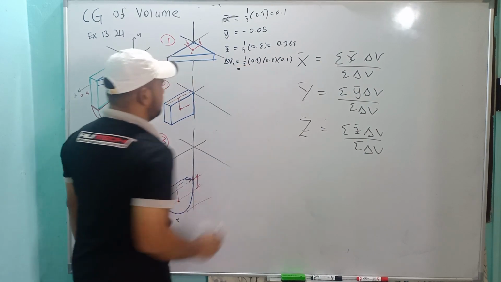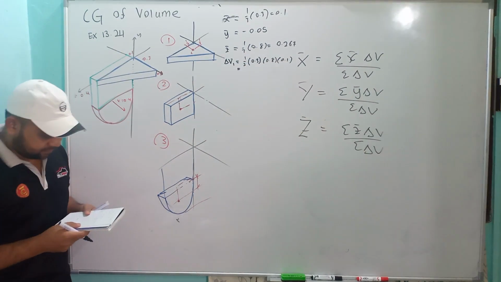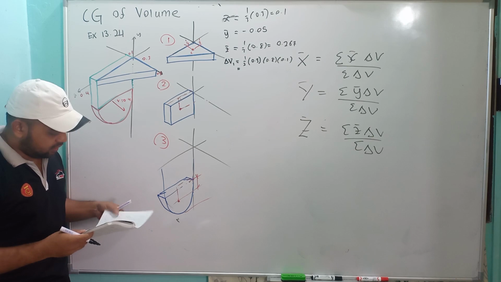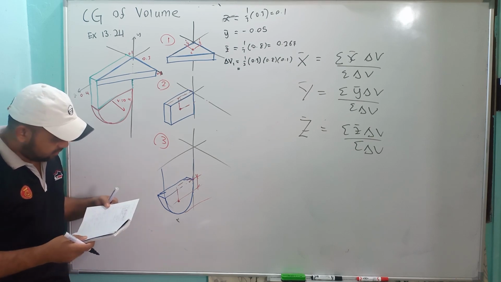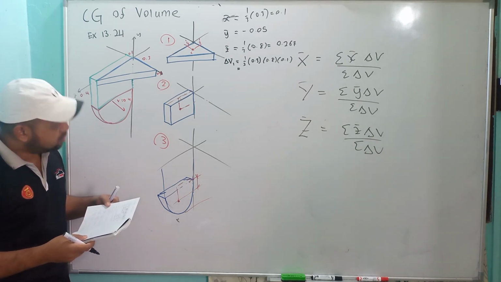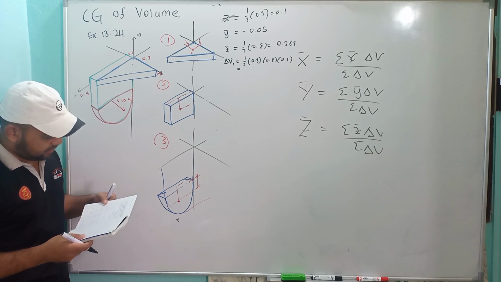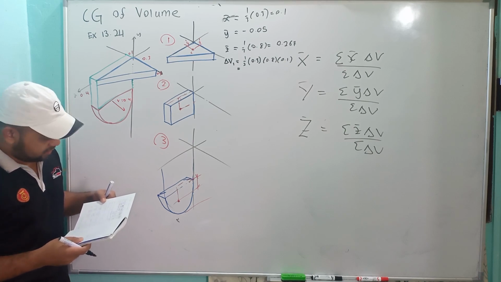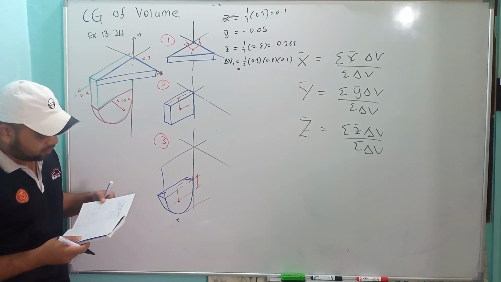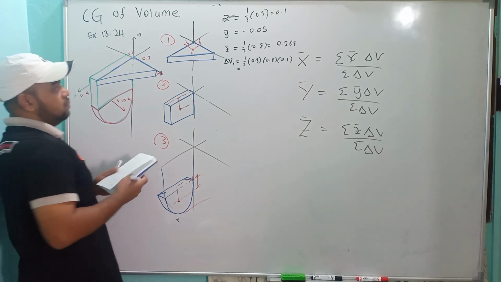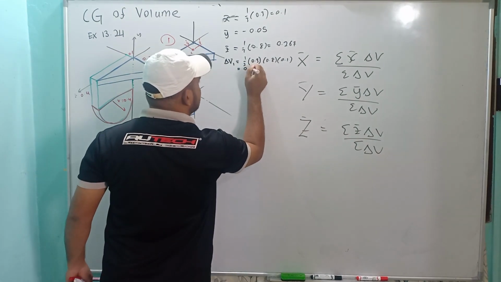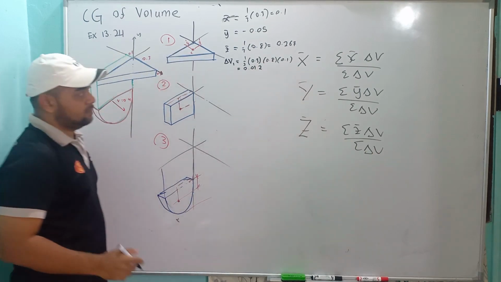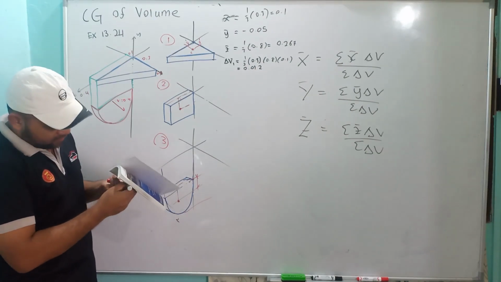So you have delta V1, which is 0.012. Let me calculate again: 0.8, 0.3, 0.1, times 1/2, so 0.012. And then we go to the second one.